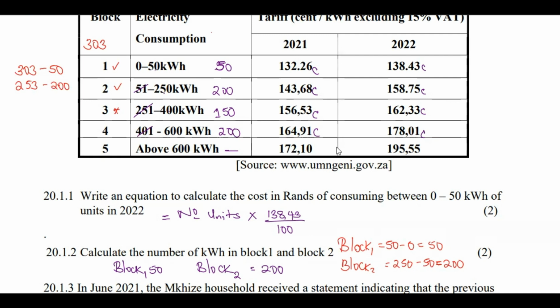Whatever remains is pushed on. So I'm remaining with 53. 53 is pushed to block number 3, but block number 3 requires 150. So here we don't subtract. 53 is below 150. So we start looking for the money that we are going to pay.